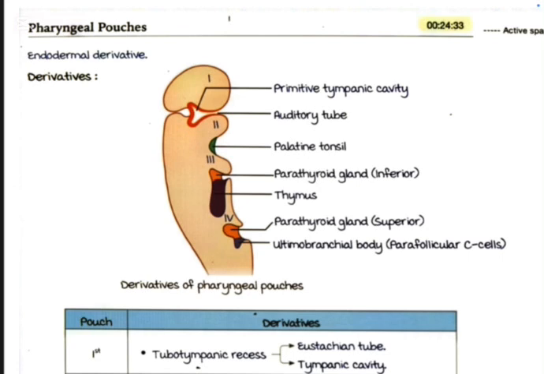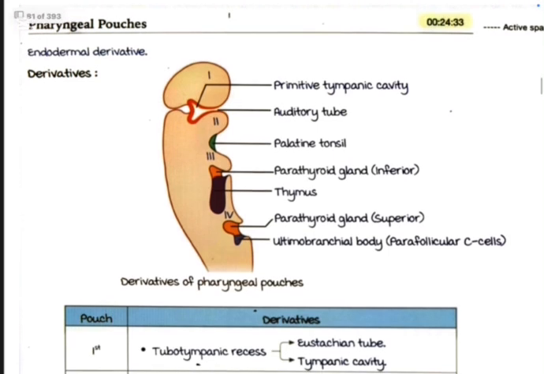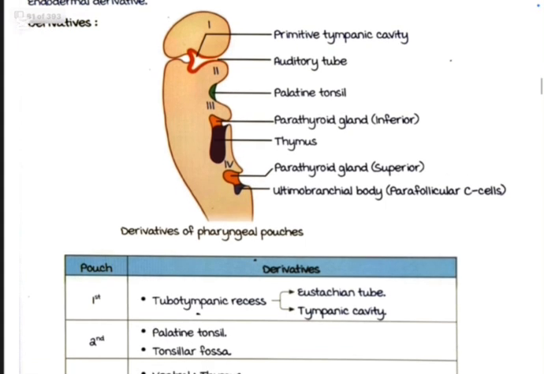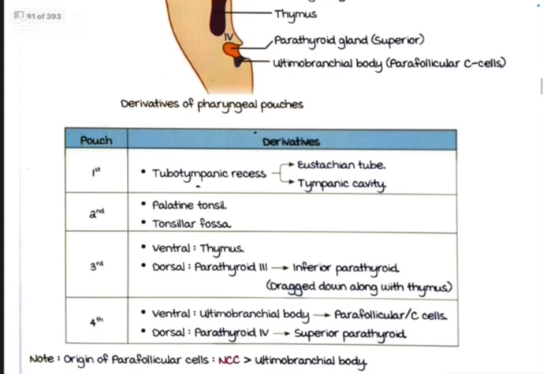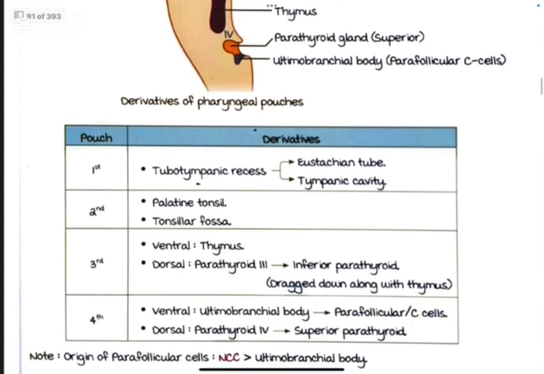Primitive tympanic membrane, auditory tube, palatine tonsil, parathyroid gland inferior, thymus, parathyroid gland superior, ultimobranchial body, parafollicular C cells. Derivatives of pharyngeal pouches. First, second, third, fourth.